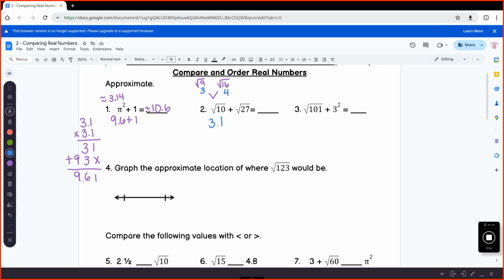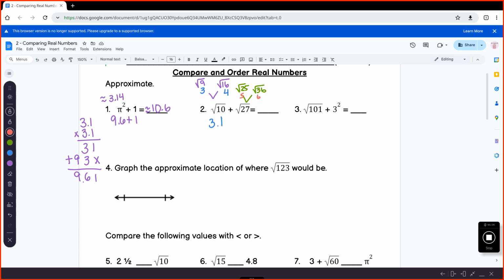Then if we look at the square root of 27, right? So the square root of 27, that is between the square root of 25 and the square root of 36. So the square root of 25 is 5.